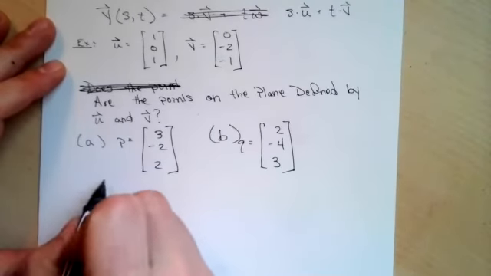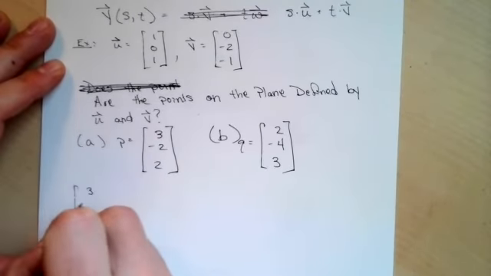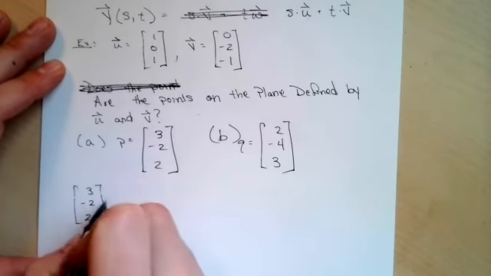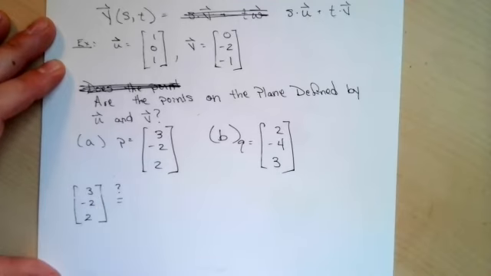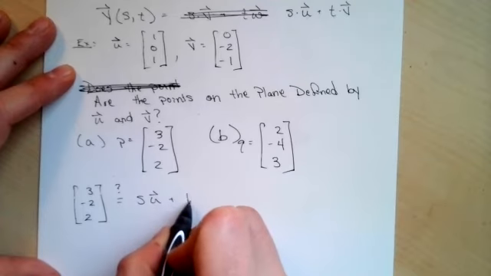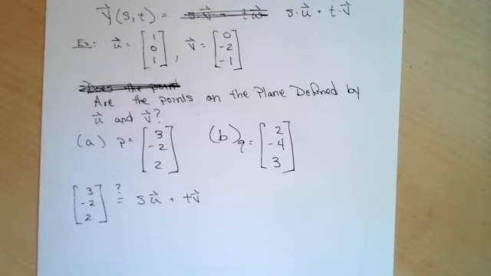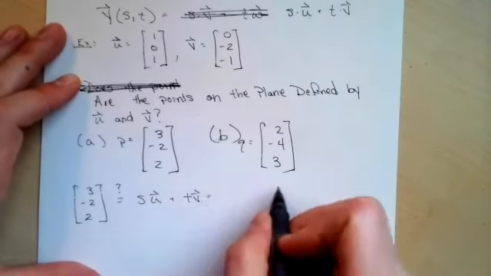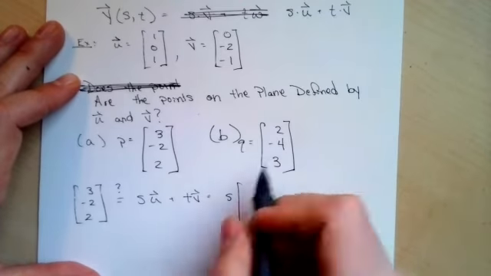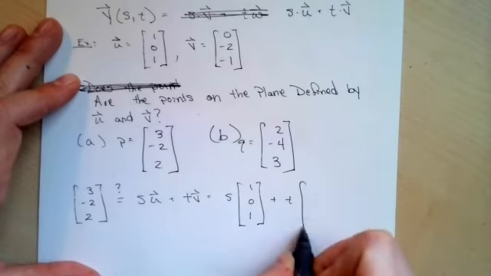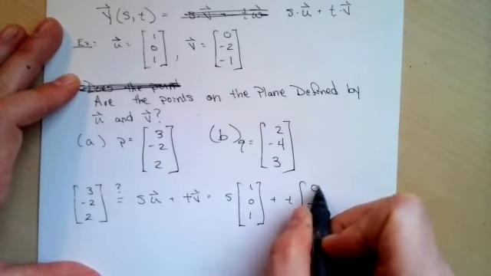So what we want to do is solve now a system of equations. We have this point (3, -2, 2). If we want it to be on the plane, it should be some combination of U and V. And so what we would have to do is check, can we find these scalars? So we will have S times (1, 0, 1) plus T times (0, -2, -1).